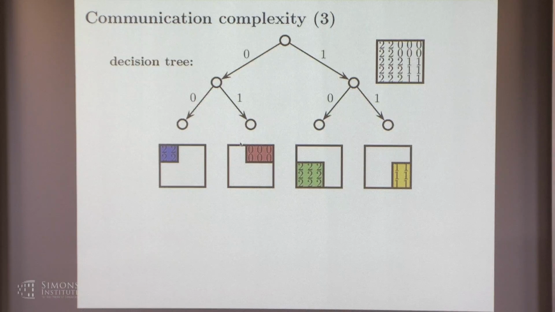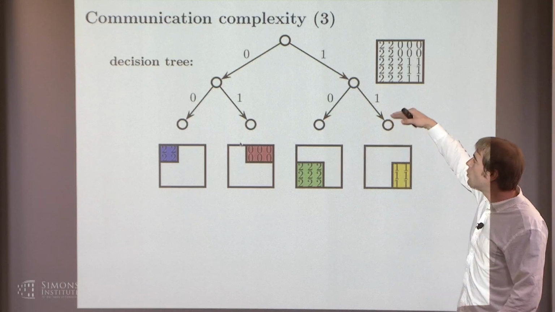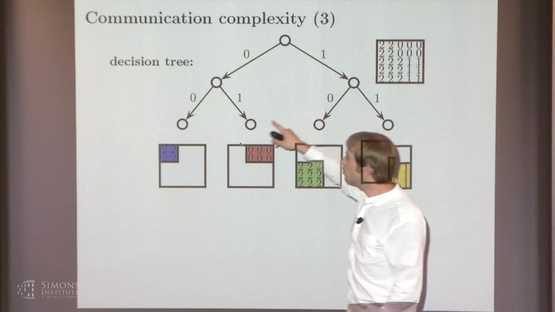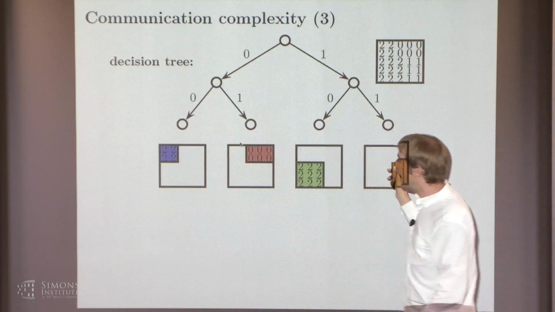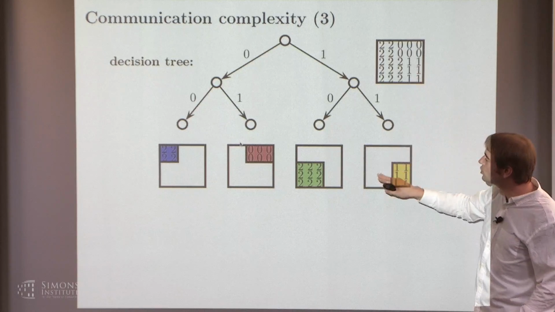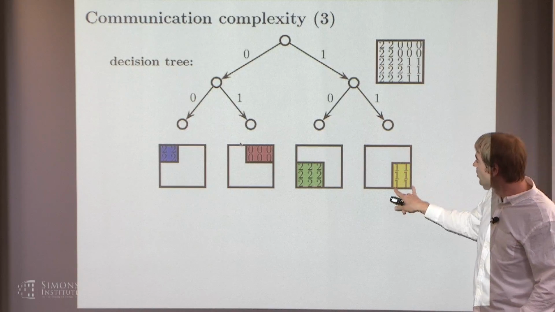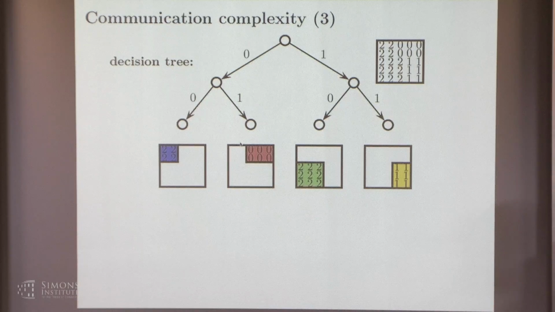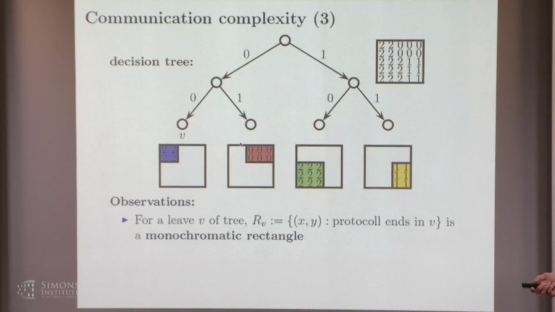So if you think about this, if you have a protocol where Alice and Bob exchange C many bits, then you have 2 to the C many leaves, and you have a partition of your matrix into 2 to the C many rank 1 matrices.